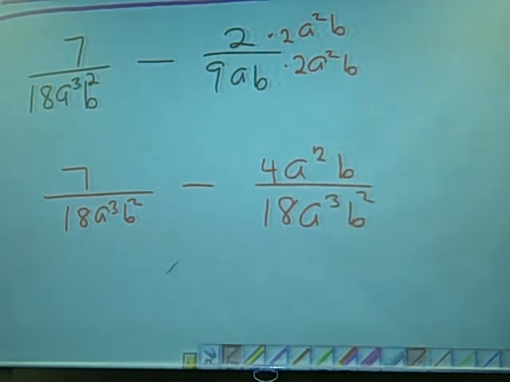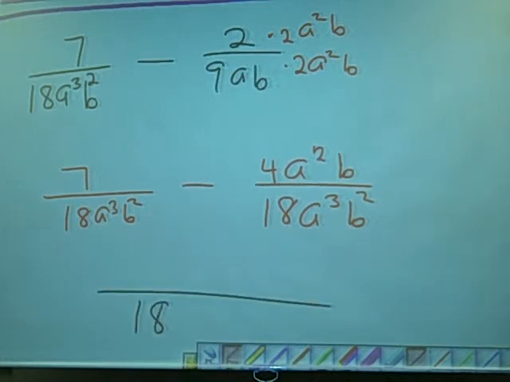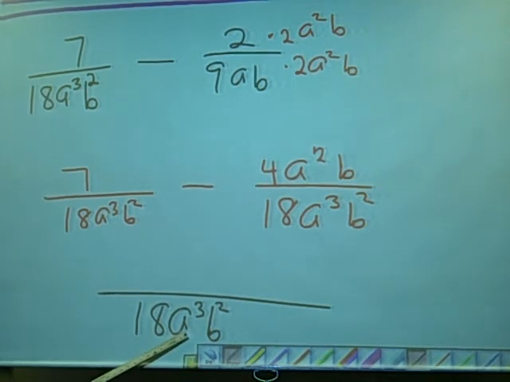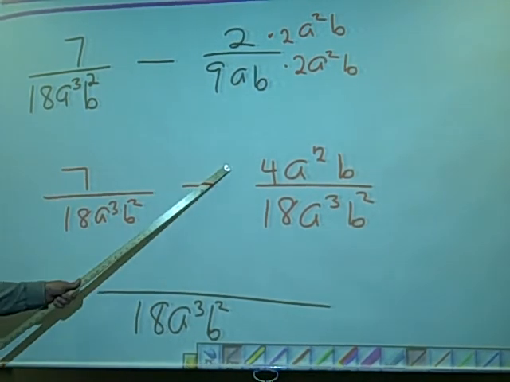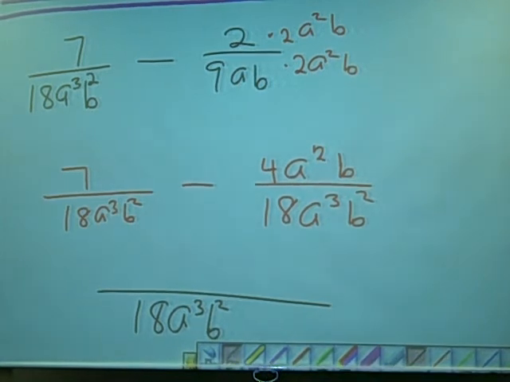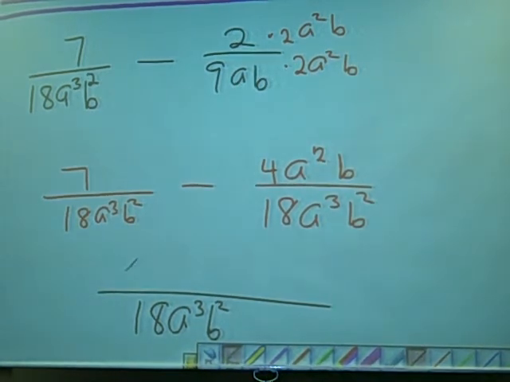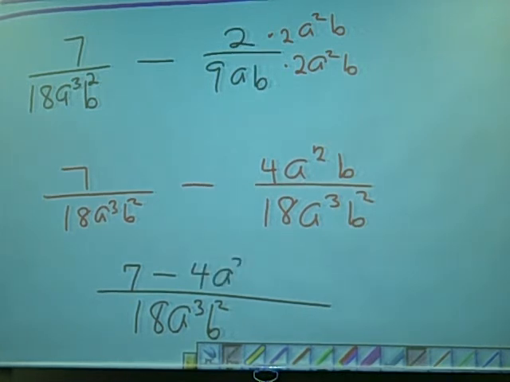So altogether we have one common denominator, 18a cubed b squared. And once you establish the same common denominator, I like to write that first. That way you don't have to mess with that anymore. And then just rewrite what you have in the numerator. And so that would be 7 minus 4a squared b.